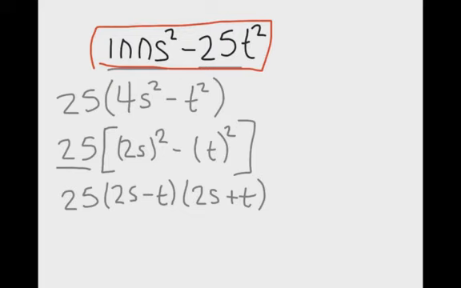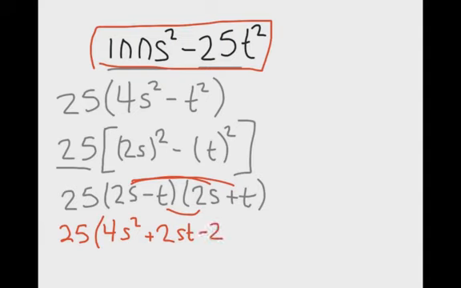So let's give it a shot. Let's leave the 25 out front for a little bit here and do our 2s times 2s, 4s squared. Then we get a plus 2st, a minus 2st, and a negative t squared. Once again, these middle terms cancel out.